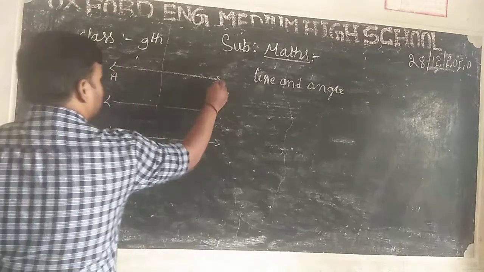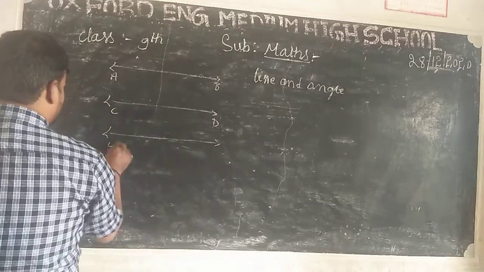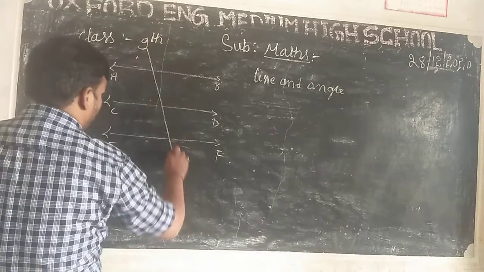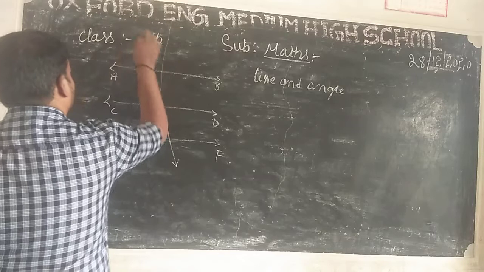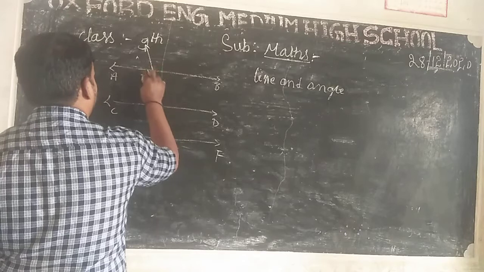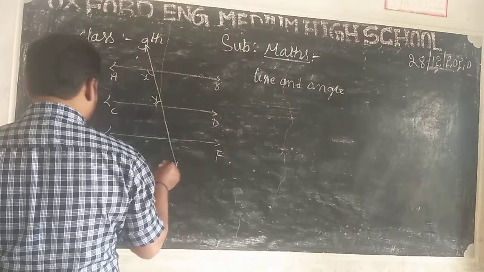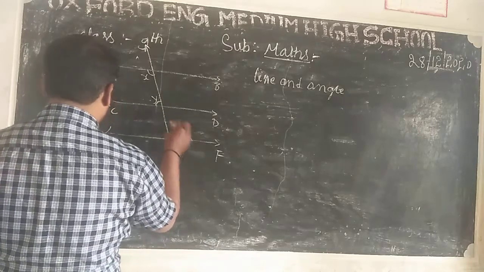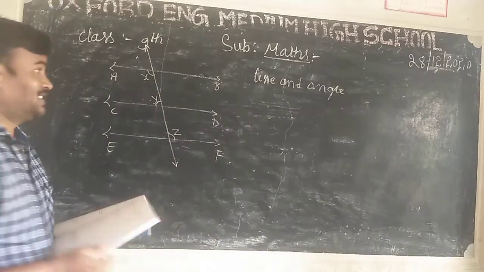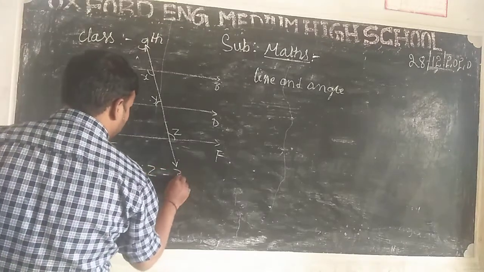AB, CD, EF, with angles x, y and z. See here, y is to z is equal to 3 is to 7.